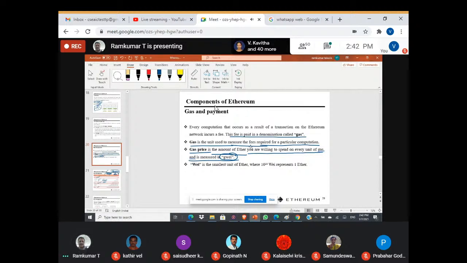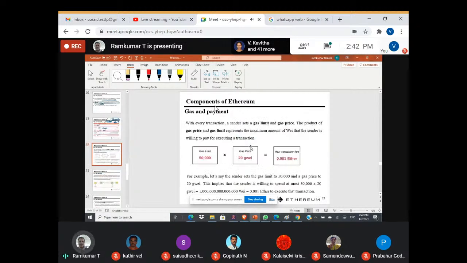Now, how are we paying? Suppose I take a gas limit of 50,000. For 50,000 I have to pay something. How much am I willing to pay? 20 Gwei per gas. If you calculate 50,000 into 20 Gwei, it costs you 0.001 ether.